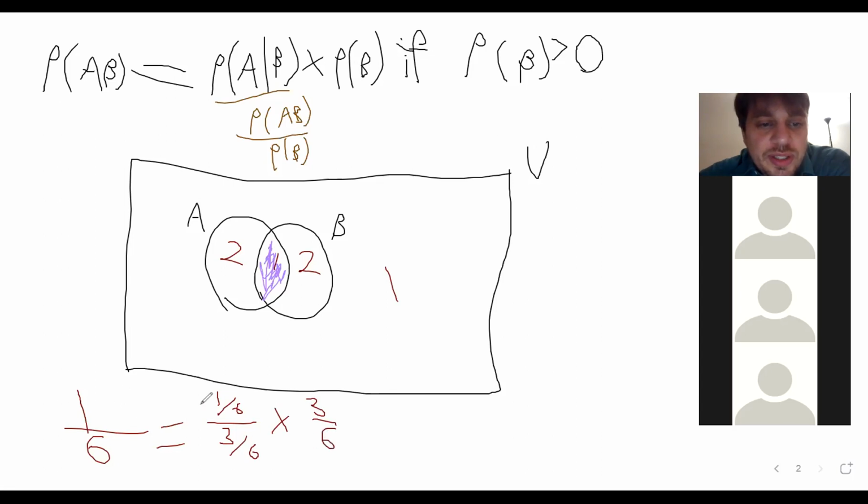So 1/6 is equal to 1/6 divided by 3/6 times 3/6. Do you see that example?